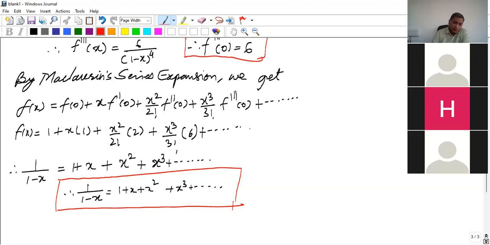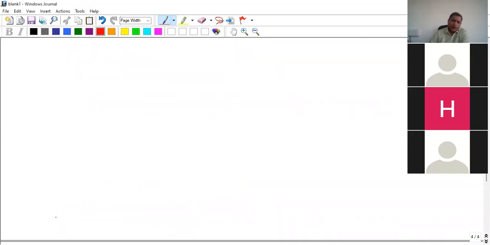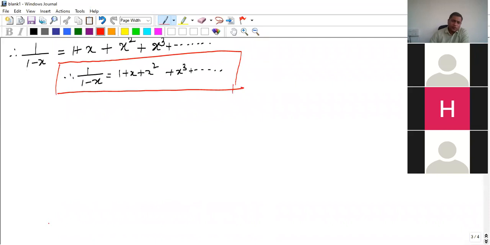So these are sometimes called standard series expansions. So this is 1 plus x plus x square plus x cube. Similarly, since we are able to calculate 1 upon 1 minus x, we can calculate 1 upon 1 plus x also.